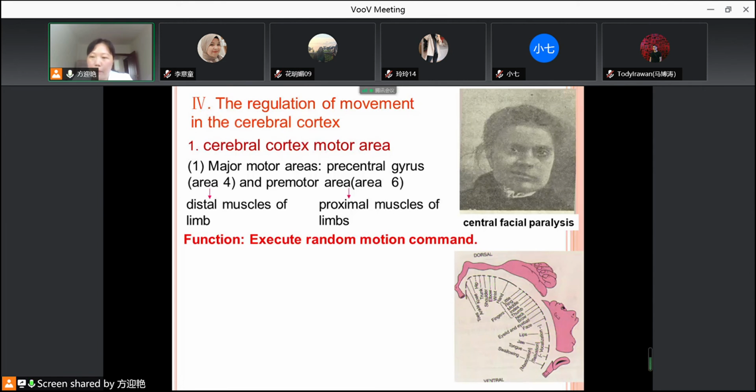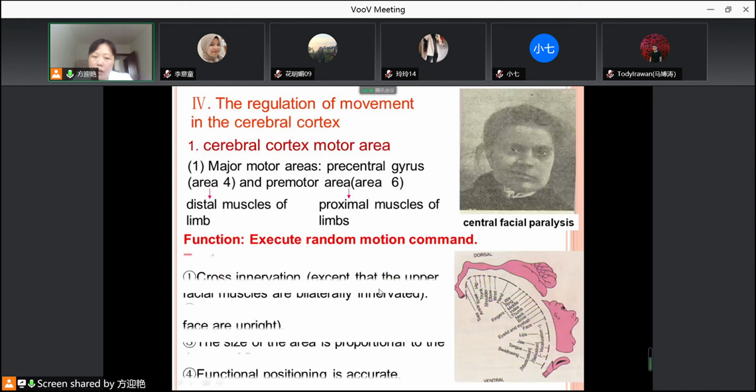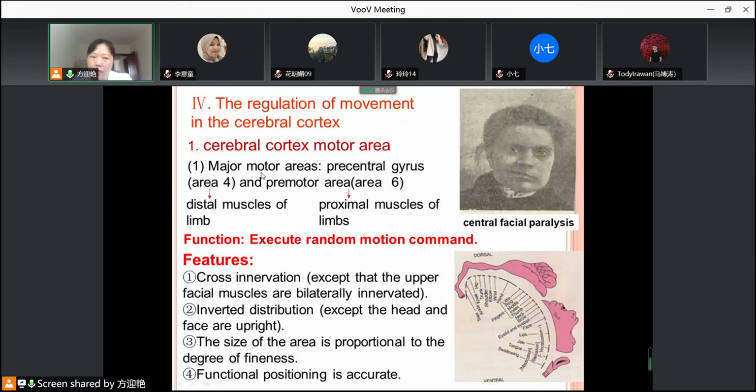This is the Penfield map, and we found the cerebral cortex motor area representing the face or head. These are the features.